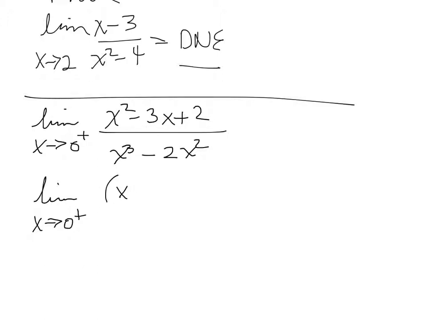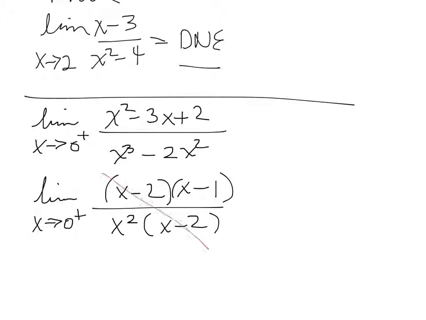So I can factor the top into x minus 2 times x minus 1. I can factor an x squared out of the bottom, and it just makes this a little easier now. All I'm dealing with are these values. If I'm approaching 0 from the right, say 0.5, that's less than 1, so that top is negative.